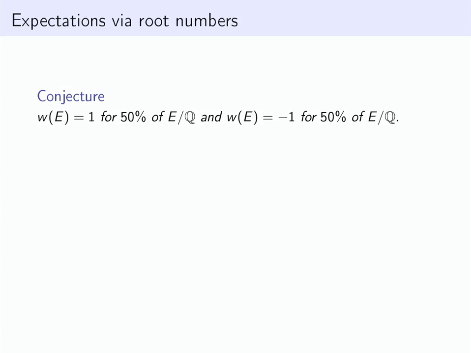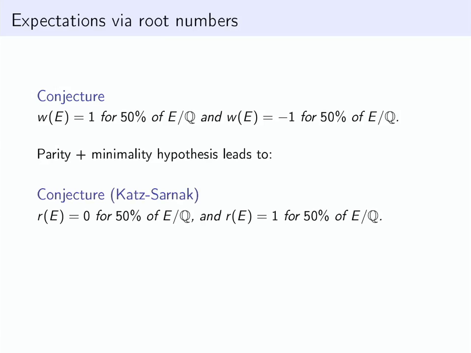Also believing that it's hard for there to be more rational points than you have a good reason to expect, the so-called minimality hypothesis, this led Katz and Sarnak to conjecture that 50% of elliptic curves have rank 0 and 50% have rank 1.